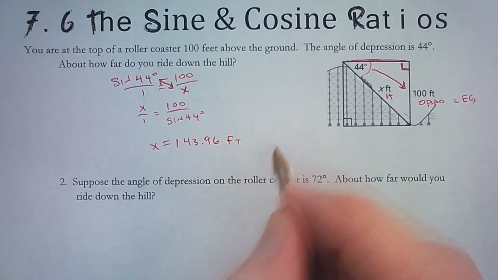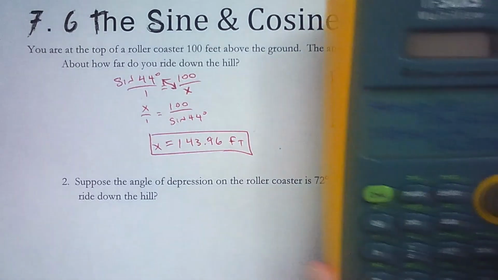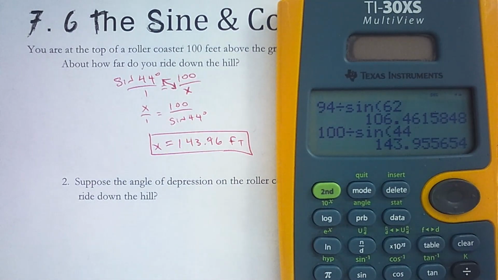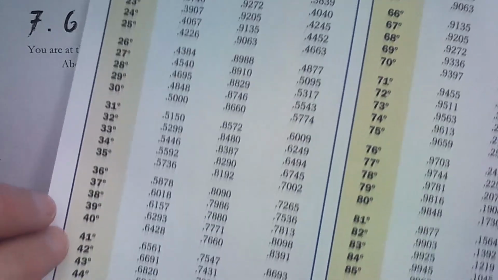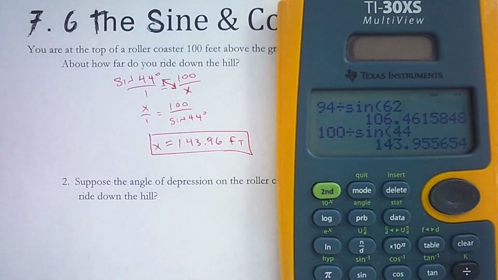Now, what can I do if I do not have a calculator that has sine, cosine, and tangent? Well, I could go online. There's online calculators that have sine, cosine, tangent, free online calculators. Or I could go to this chart right here and find sine 44 is 0.6947.